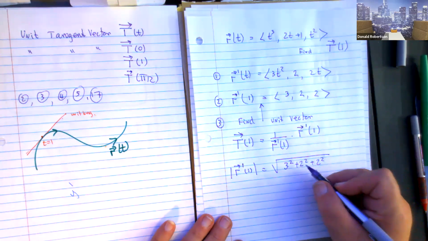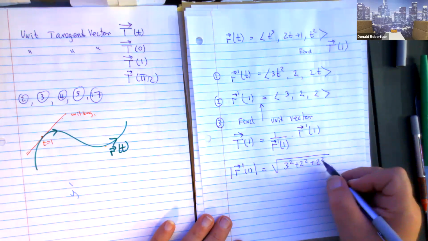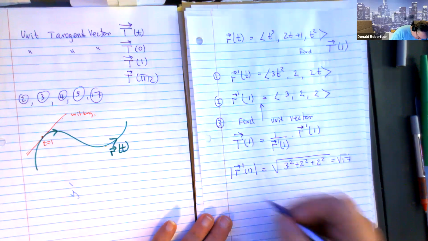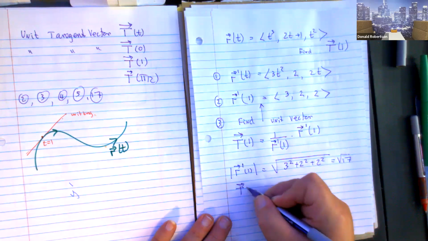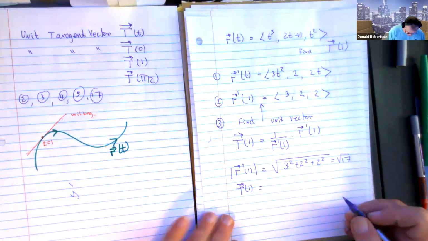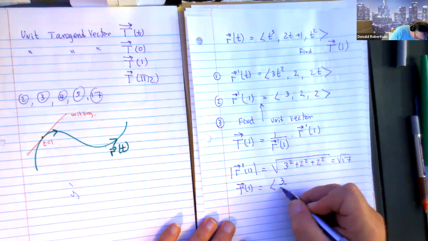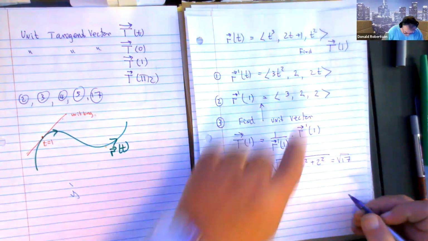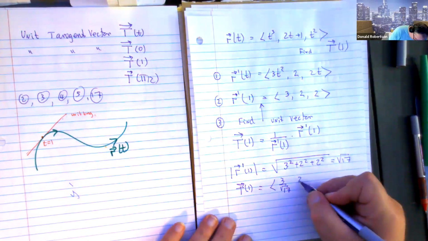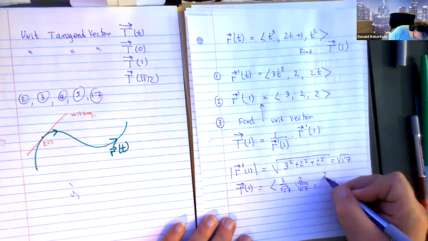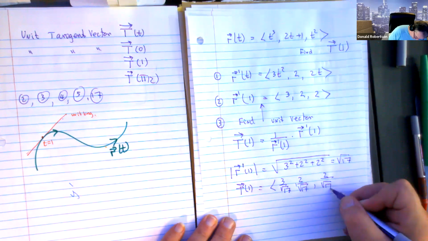That's 9, 9 and 4, 13, and 4 more is 17, so it's square root of 17. And so the unit tangent vector at 1 is going to be 3 over root 17, 2 over root 17, and 2 again over root 17.